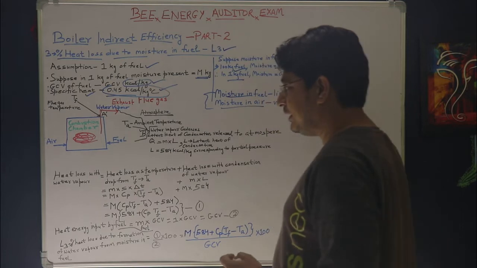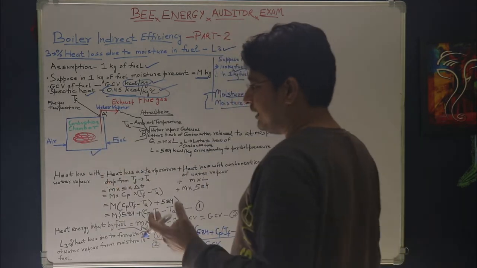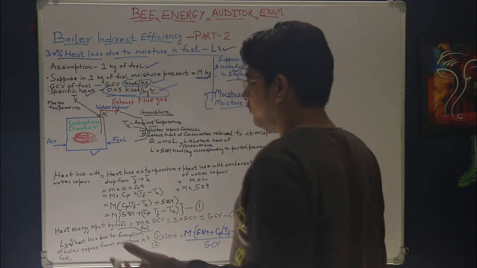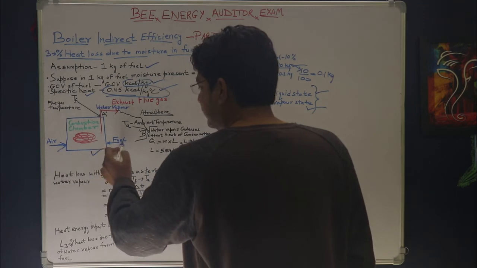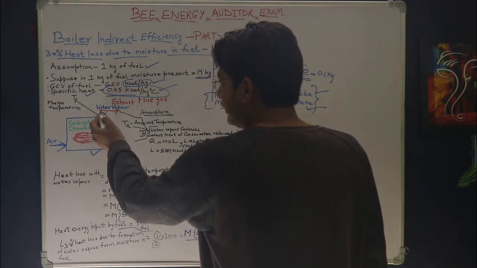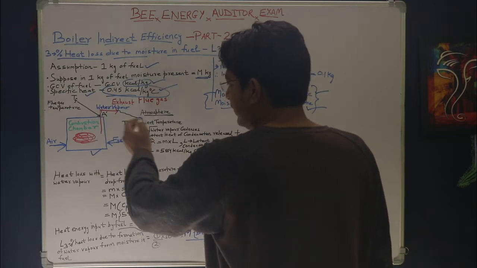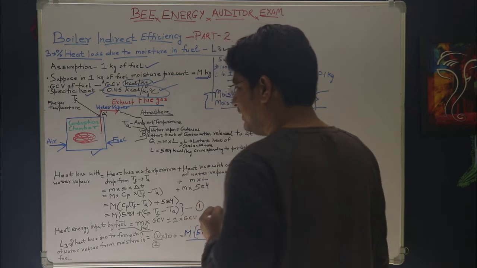So friends, here I have again drawn the same combustion chamber, and as you are already aware, in the combustion chamber air enters, fuel enters, combustion takes place, and exhaust gases are released. Here the exhaust flue gases are released.